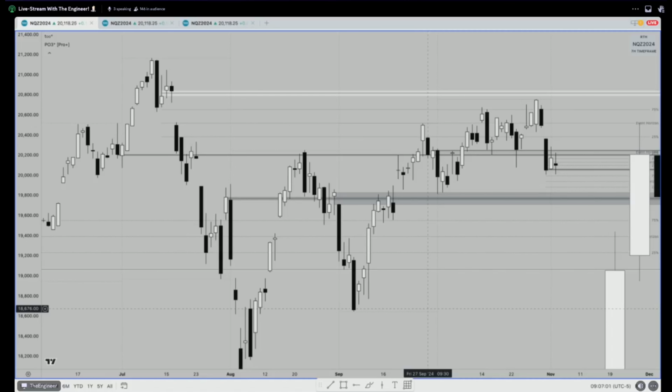So really what the engineer is showing you here is that you want to be able to see the higher time frame gaps as they relate to running liquidity and rebalancing inefficiencies. So when you see these breakaway gaps be rebalanced and or redelivered, they're going to be rebalanced and redelivered to only two things: higher time frame liquidity and or a higher time frame imbalance.